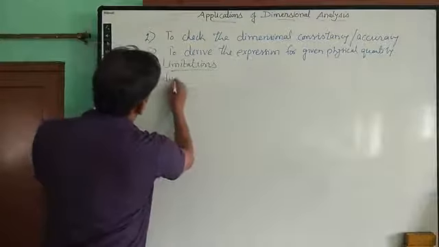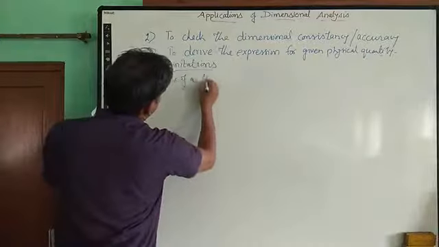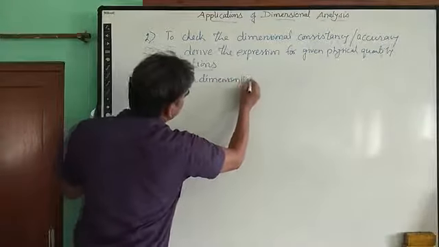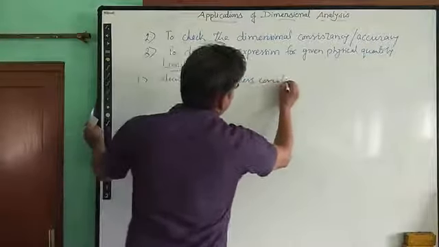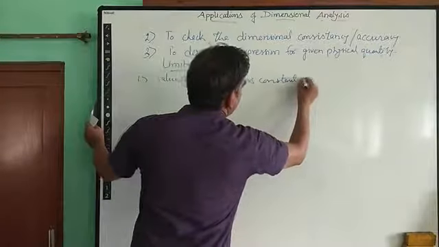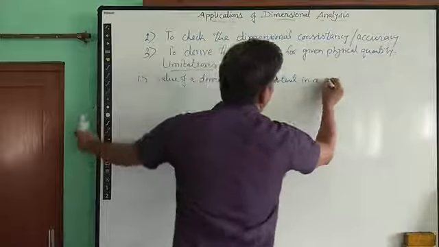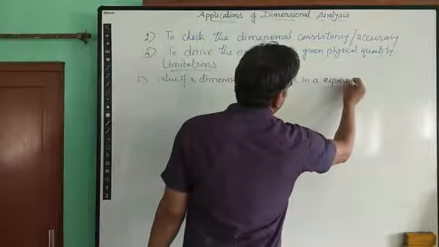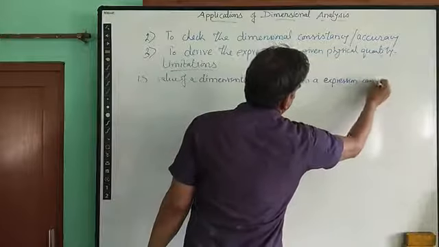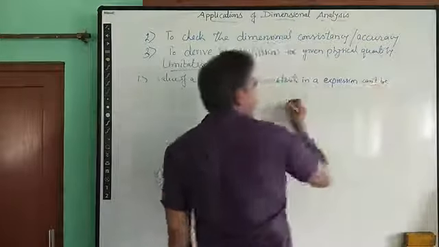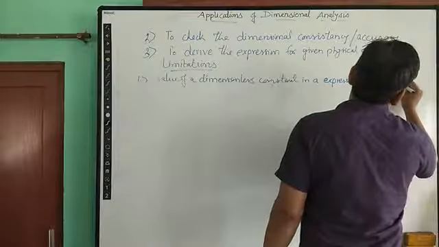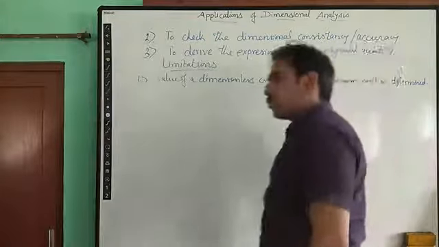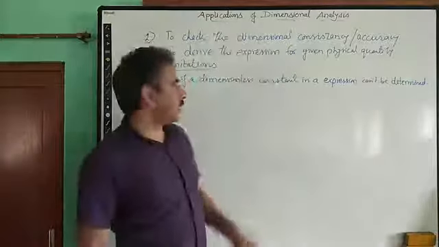So the value of a dimensionless constant in a formula or expression can't be determined. So with the method of dimensions, we cannot determine the value of that dimensionless constant.